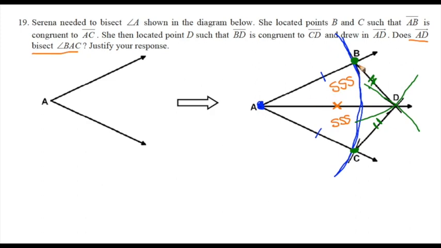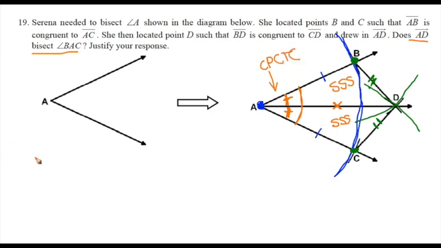Well, if AD was bisecting this angle here, that would imply that these two must be the same. Well, they have to be, because if two triangles are illustrated as being congruent by SSS, then their corresponding parts must also be congruent.